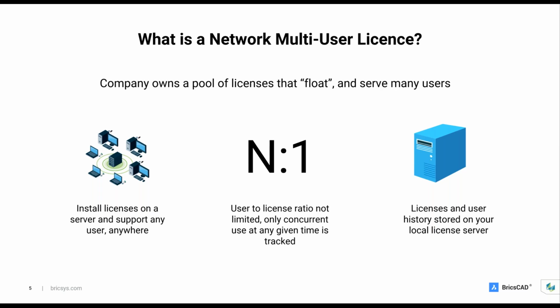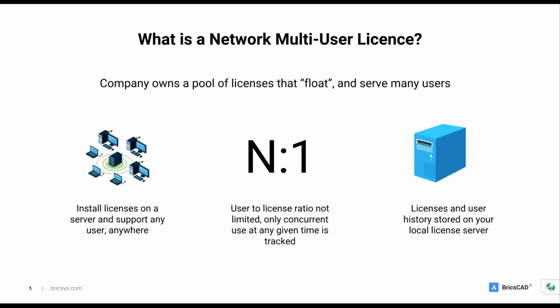Network licenses basically just track who is in the software at any given moment, and enforce a maximum number of licenses. So you just purchase a certain number of licenses. You can install the application software on as many computers as you like.